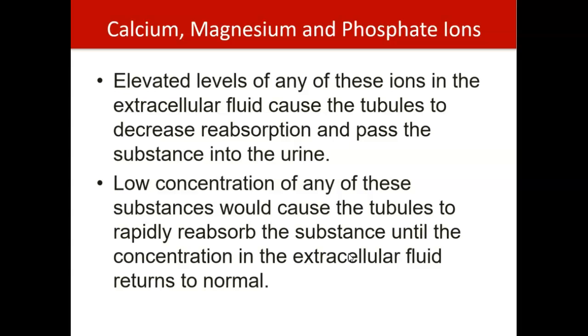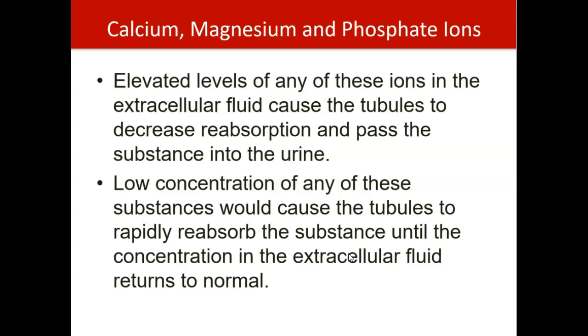The opposite is going to happen if you have low concentrations of them. If there's a low concentration, the tubules will rapidly reabsorb the substances and return the extracellular fluid level to normal. Again, we want to maintain normal calcium, magnesium, and phosphate levels.